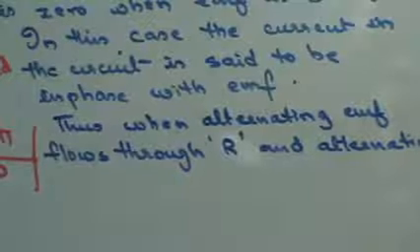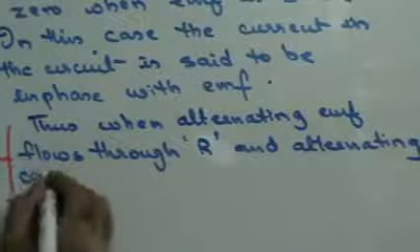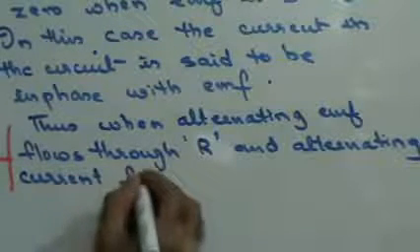You will have an alternating current flowing through R.